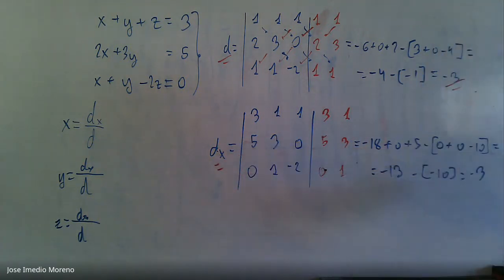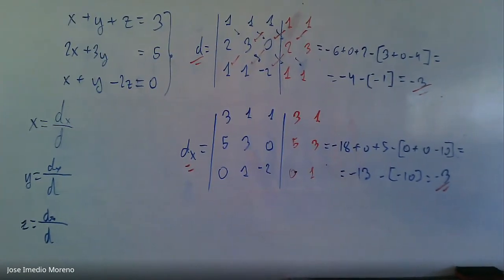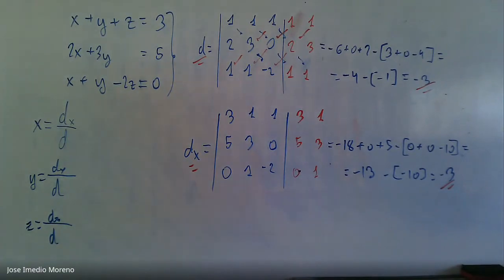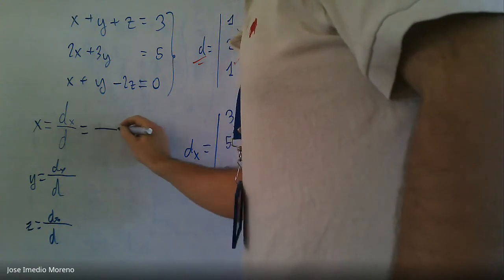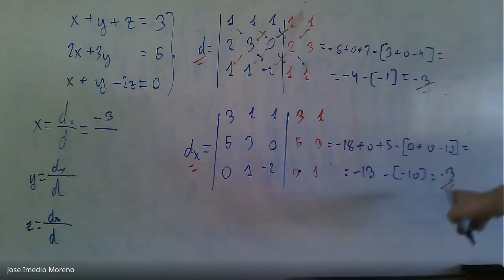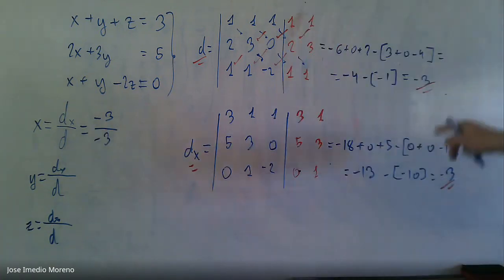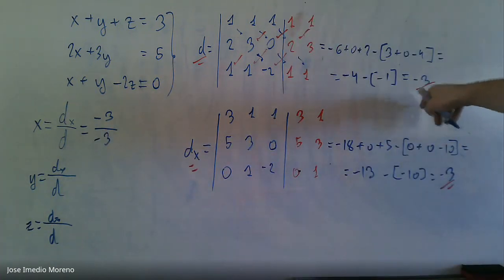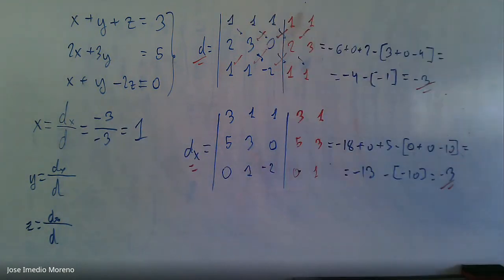So if D sub x is minus 3, it means that x equals minus 3, which is this number, divided by minus 3 again, which comes from this calculation. So the value of x for this system is 1.